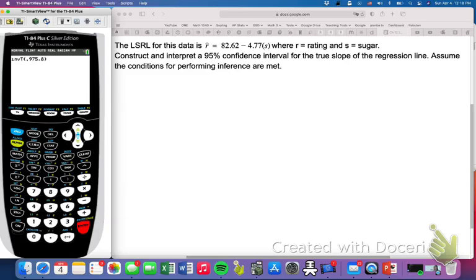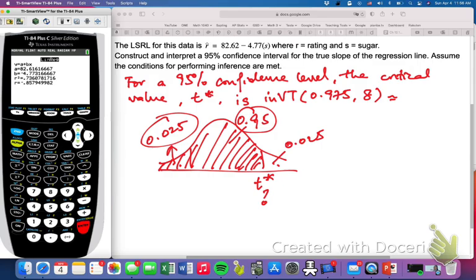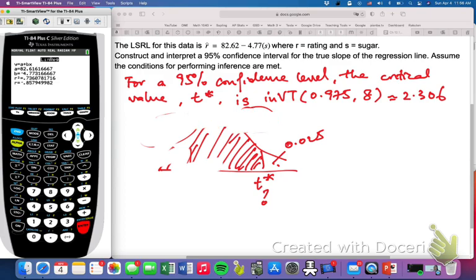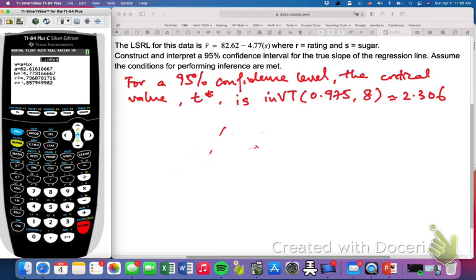And that should give you 2.306. Let's get back to our original screen. Let me clear this.